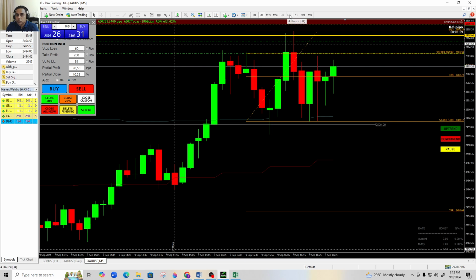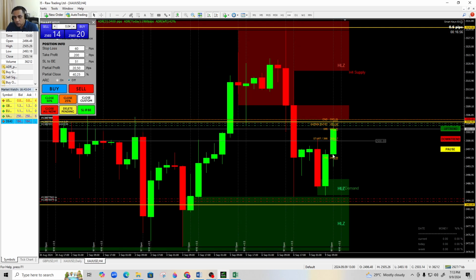Two minutes away. Let's see how this candle is. It's strong bullish. It's closing strong bullish.